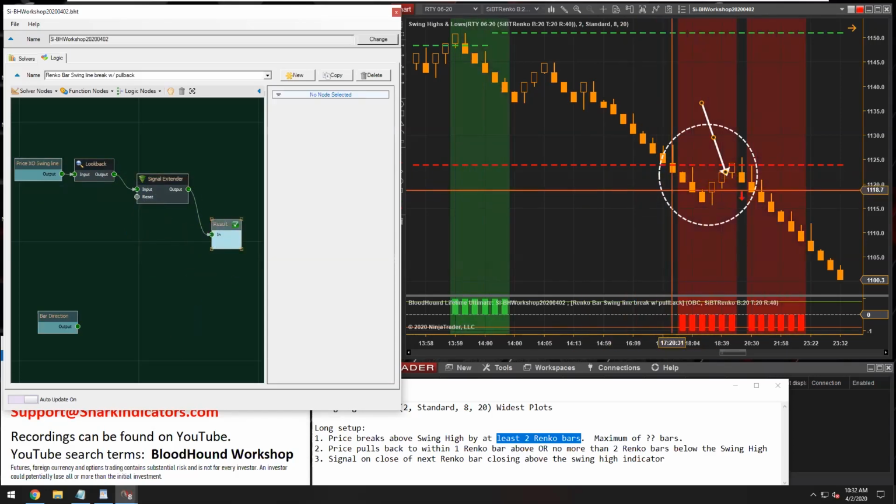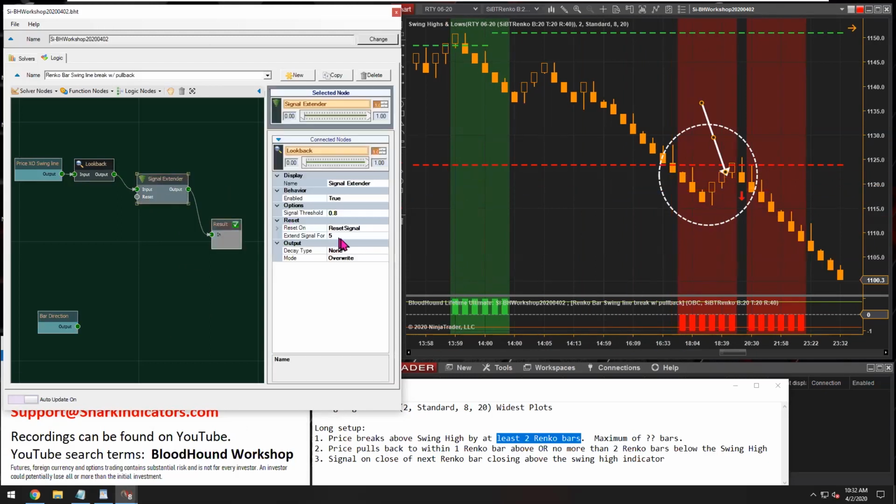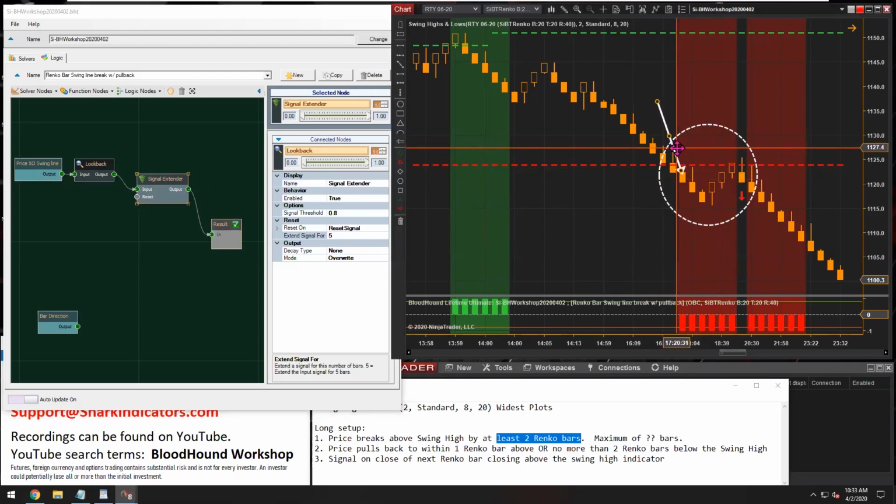Now we need to guesstimate how many bars forward we need to extend our 2-bar crossover, so that we can wait for price to do its little pullback and then reverse.